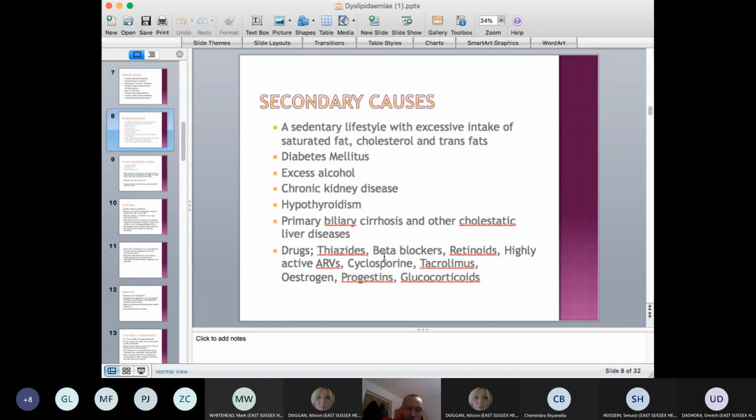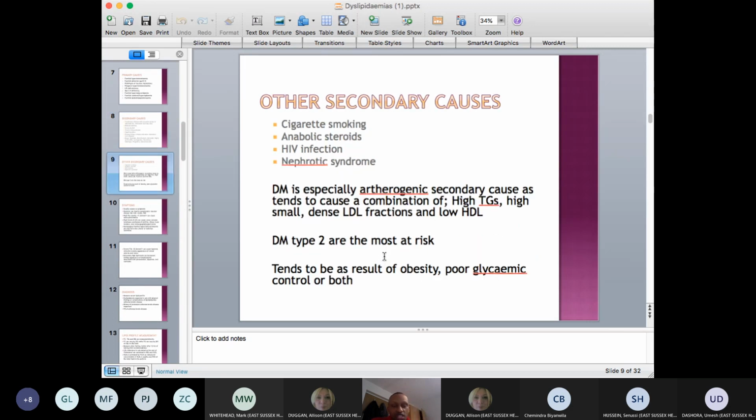And there are some important drugs, for example, the thiazides, the beta blockers, the retinoids, highly active antiretroviral therapies, cyclosporin, tacrolimus, progestins, and glucocorticoids. Cigarette smoking, steroids, HIV infection, nephrotic syndrome. All those are very, very important secondary causes.